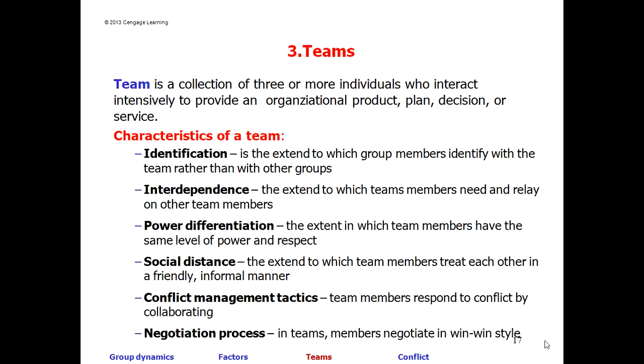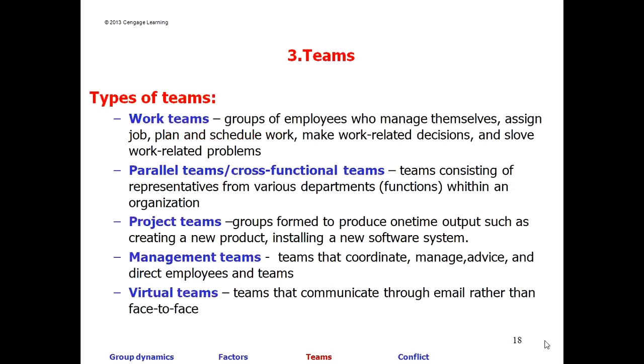Social distance, to the extent to which members treat each other in a friendly, informal manner. Conflict management tactics, the team members respond to conflicts by collaborating. Negotiation process, in teams, members negotiate in a win-win style.